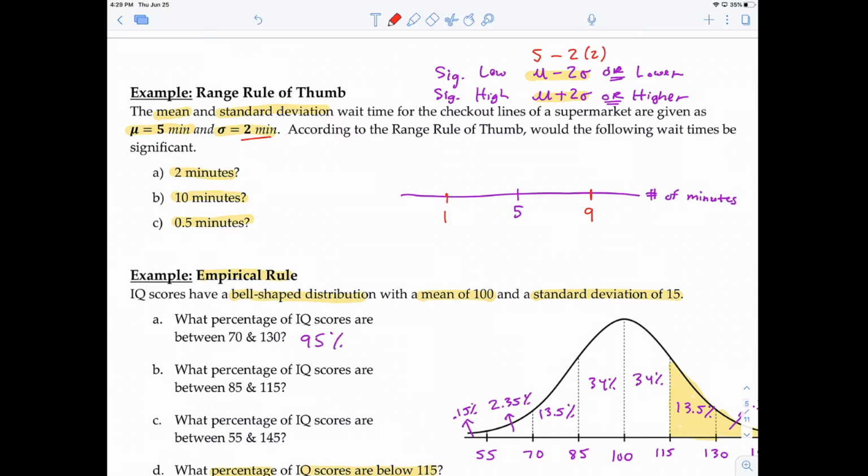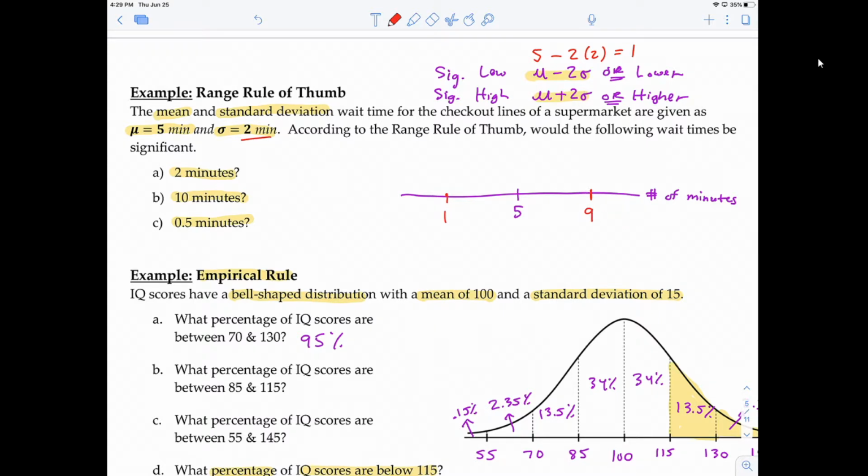The 2 in the formula is built in, so that one doesn't change, but this 2 is because the standard deviation is 2, and this 5 is because the mean was 5. So 2 times 2 is 4, and 5 minus 4 gives us 1. Similarly for significantly high, that's 5 plus 2 times 2, so 4 plus 5 gives us 9. So be comfortable with using these formulas.